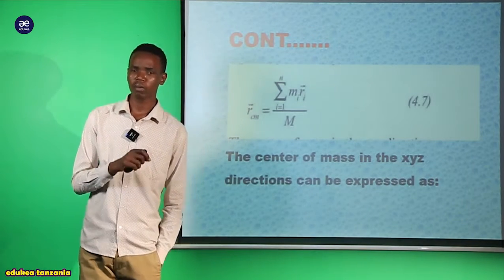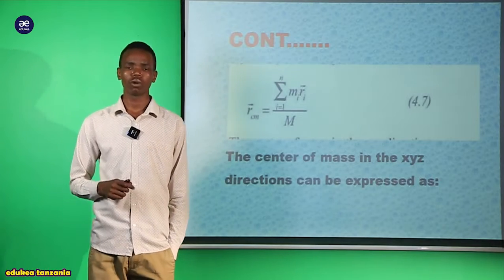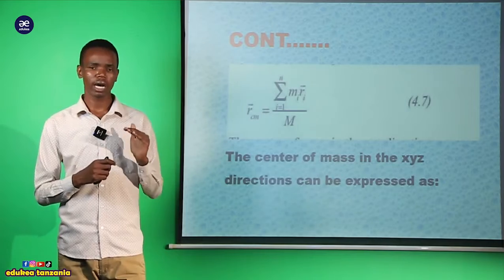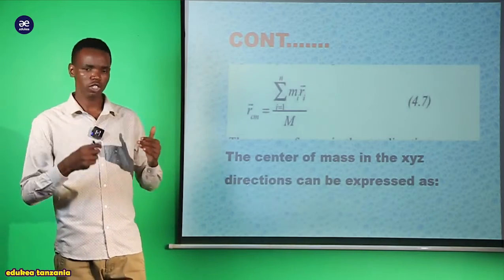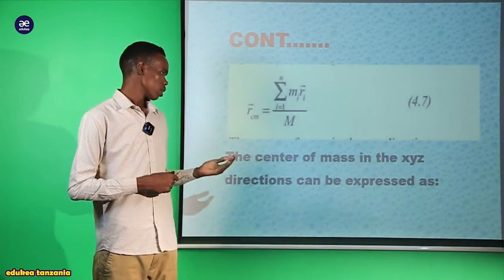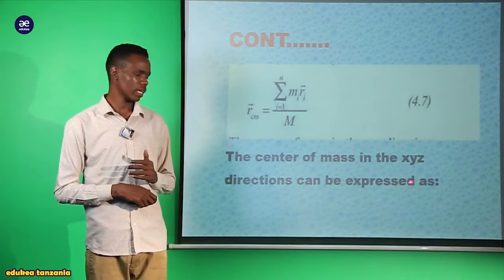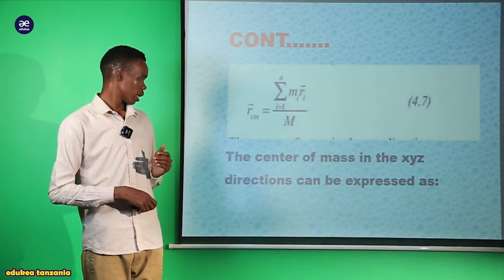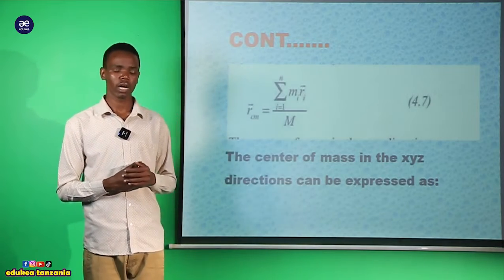That is why R_CM must be equal to the summation of m_i times r_i divided by the total mass. So the center of mass in the xyz direction can be expressed in terms of this.